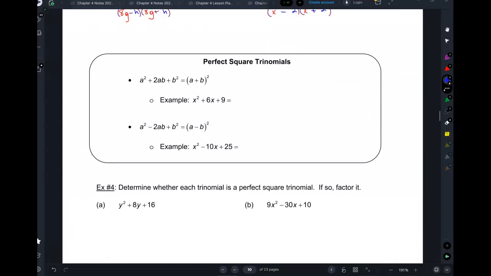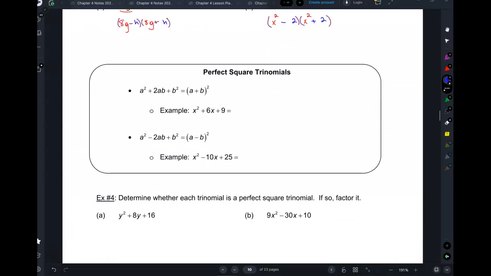Okay, the very last one is if you have a perfect square trinomial. This is a pattern. Take a look. This is a perfect square, and that's a perfect square. So look, perfect square, perfect square. The way you do this is like this. Okay? Take a square root of this one. Take a square root of this one.